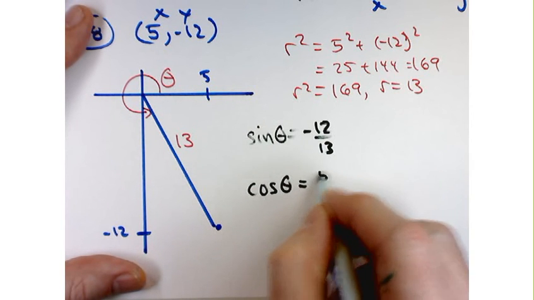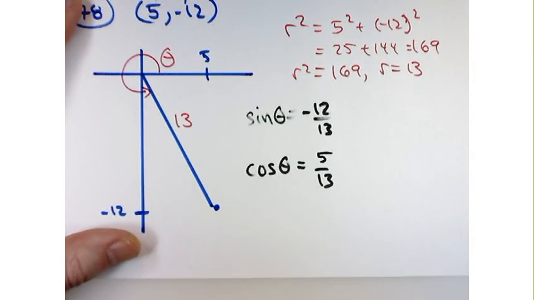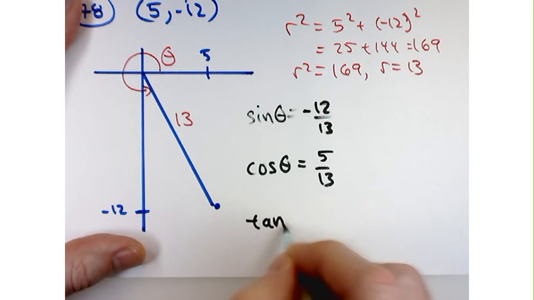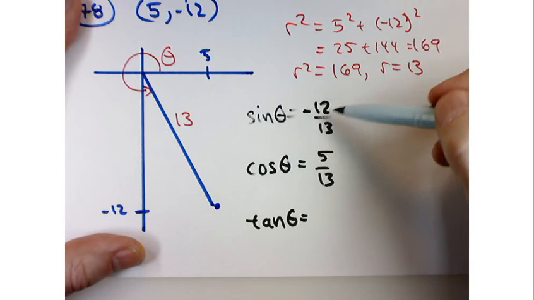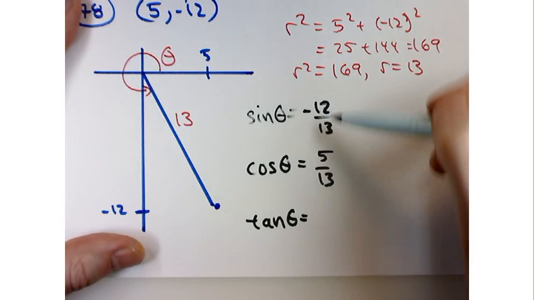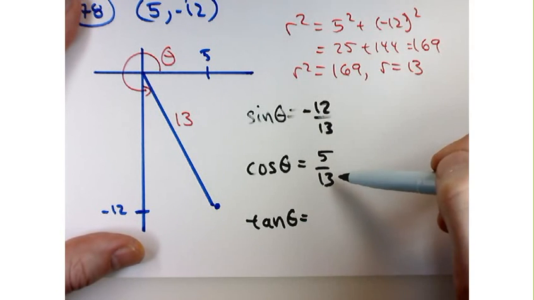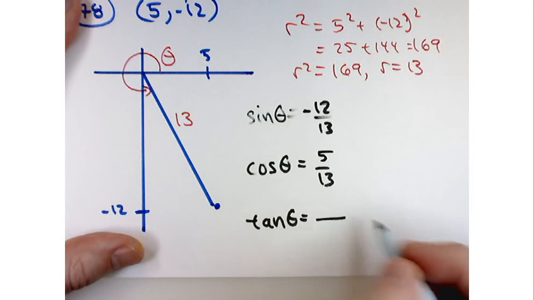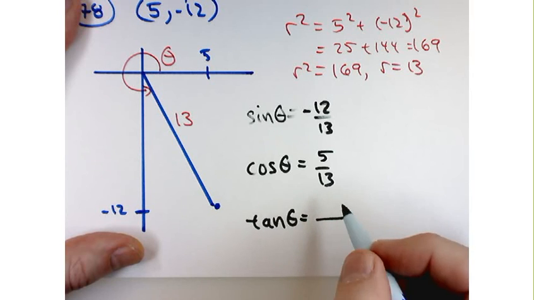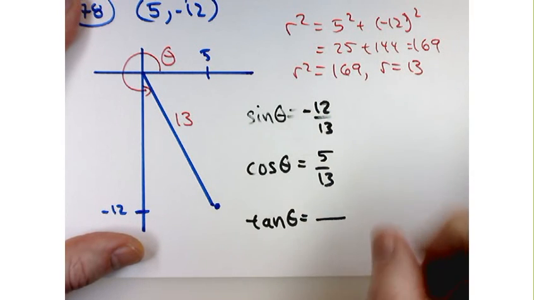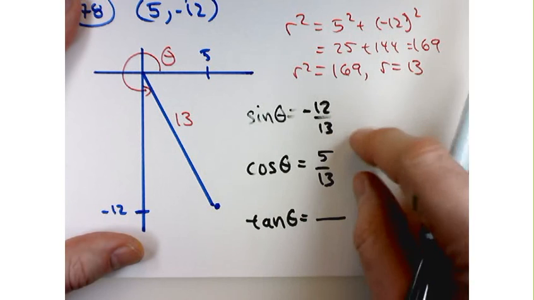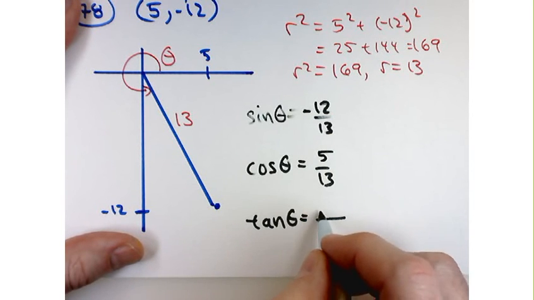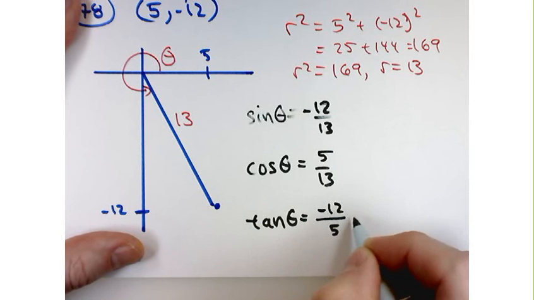So it's going to be 5 over 13. And finally, the tangent of theta is going to be the y-coordinate divided by the x-coordinate, or excuse me, the sine of theta divided by the cosine of theta. Can anyone do that in their head? Do that cancellation for me? This one divided by this one. What nice thing happens when I divide things like that with those denominators? The 13 is going to cancel out, so it's going to leave me with negative 12 over 5.